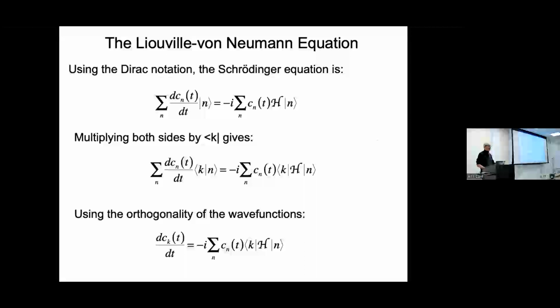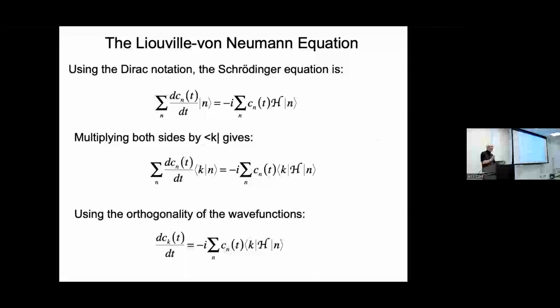And the C's are just complex numbers. And now I take advantage of the fact that the basis functions are defined to be orthogonal to each other. So the integral is 0 unless k is equal to n. And that means the summation collapses to only the k term. So I have the derivative of this coefficient c sub k with respect to time is equal to all of this on the other side.